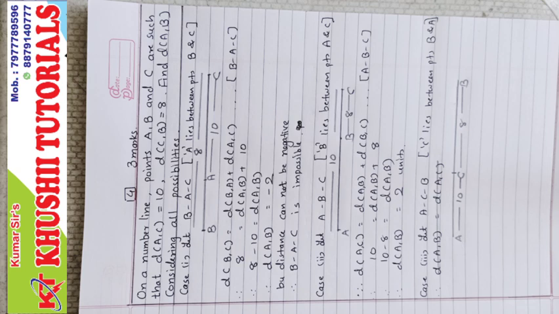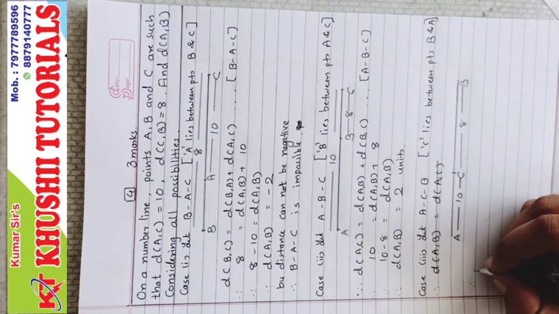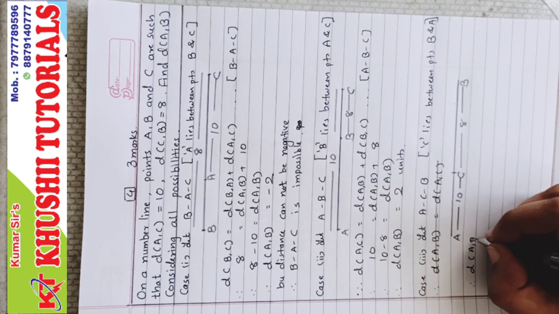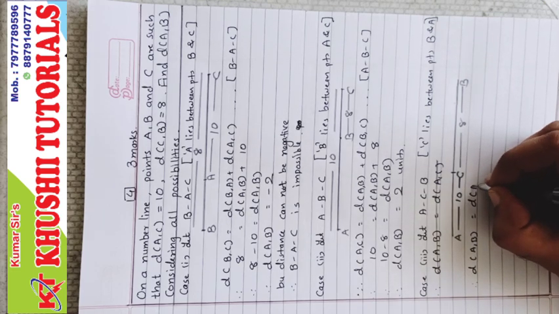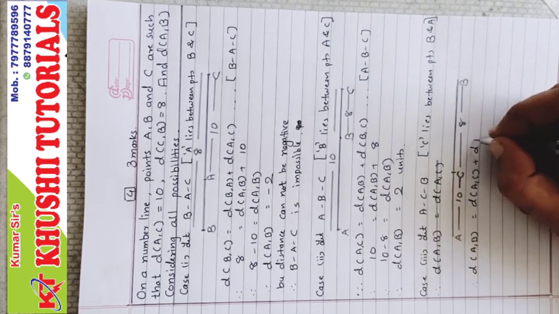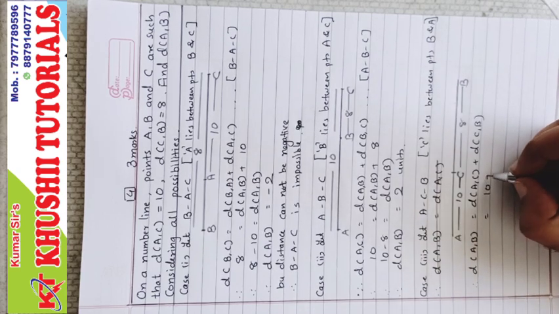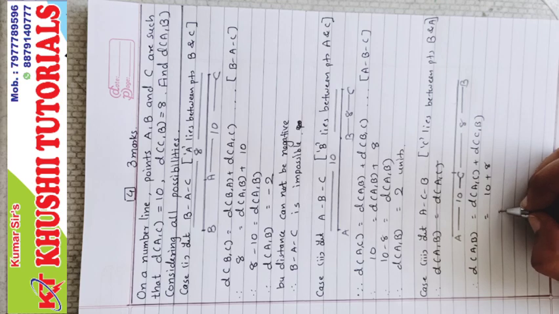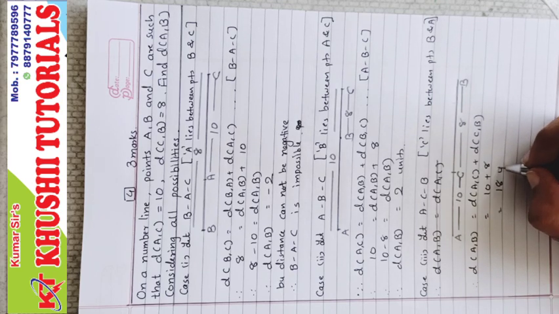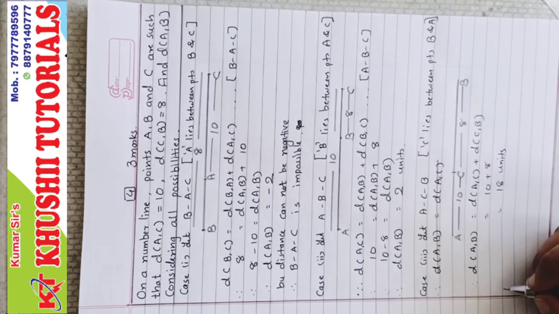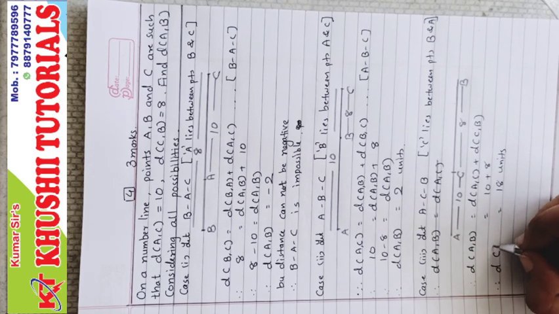So that's right. Therefore distance of AB equals distance of AC plus distance of CB. Distance of AC is 10, distance of CB is 8, 10 plus 8, 18 units. Therefore distance of AB is 18 units.